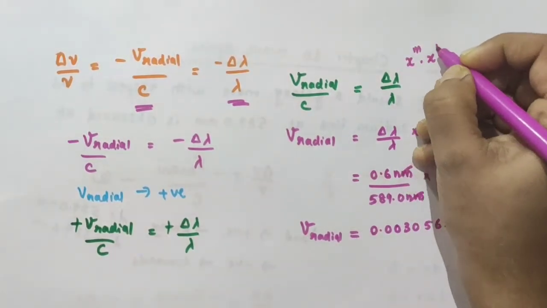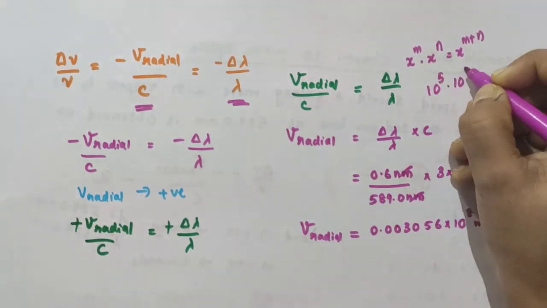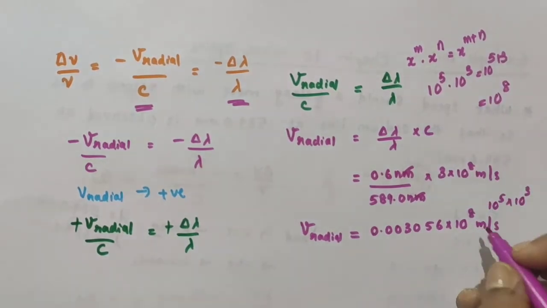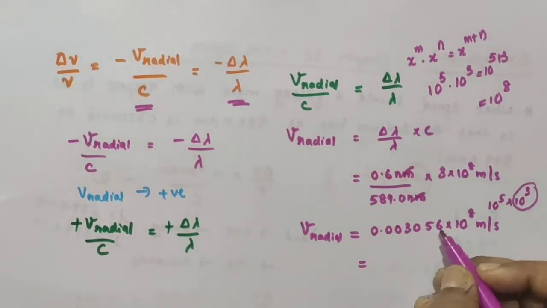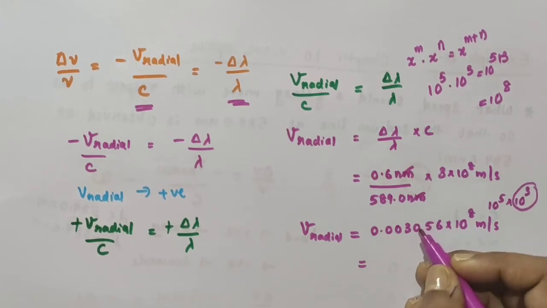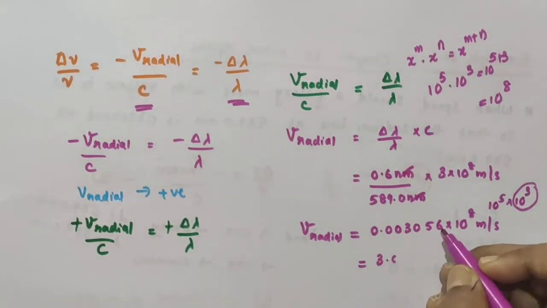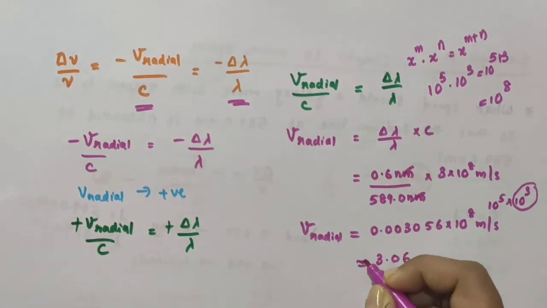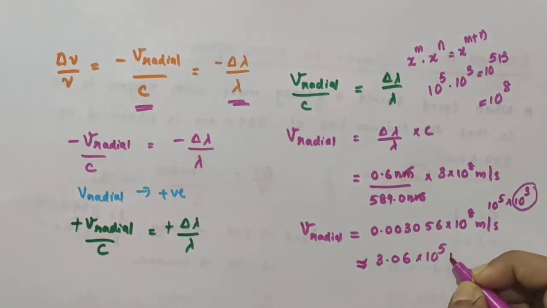So this 10 raised to 3, that is 1000, into this value will give you 3.056. 3.056 can be approximated to 3.06, so that is 3.06 into 10 raised to 5 meter per second.